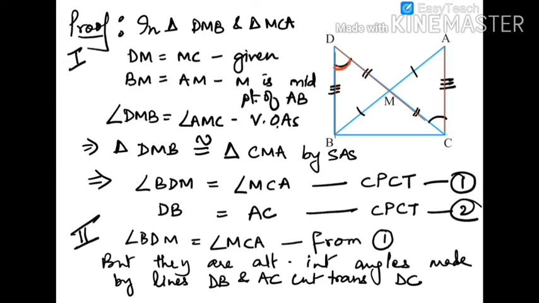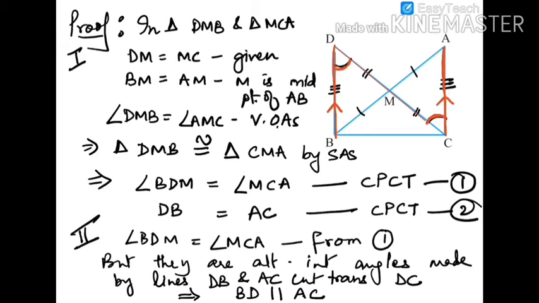So these two angles form alternate interior angles. And since they are equal, we can say that BD is parallel to AC. So we can mark these two lines parallel in the figure.